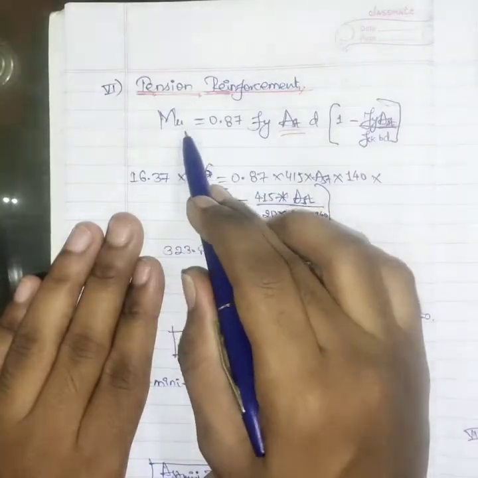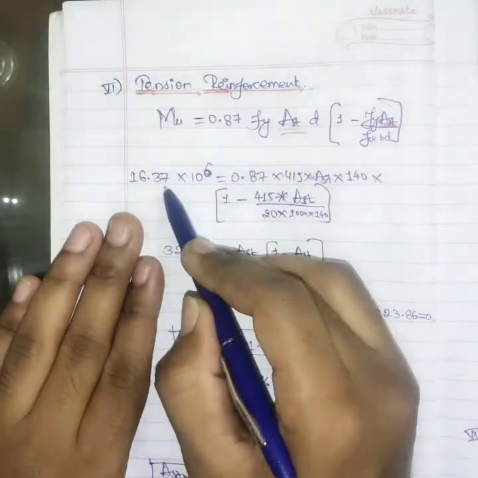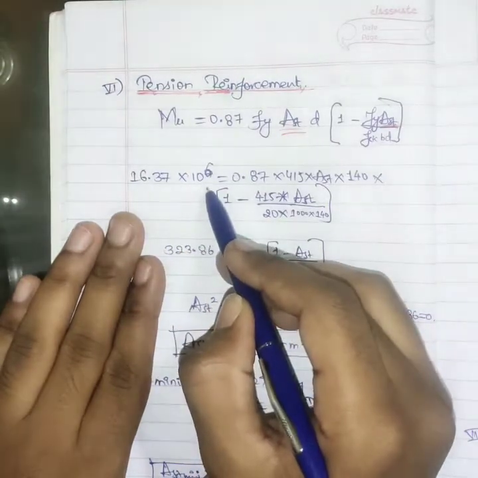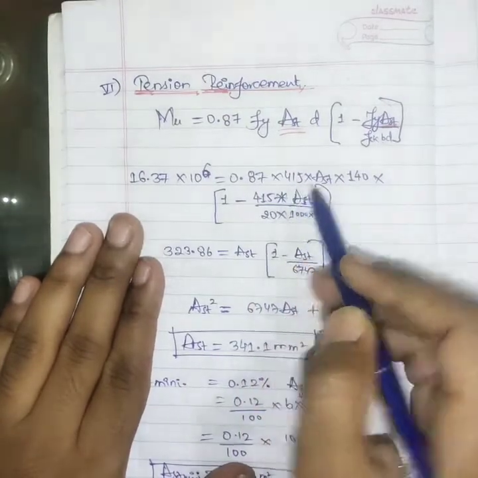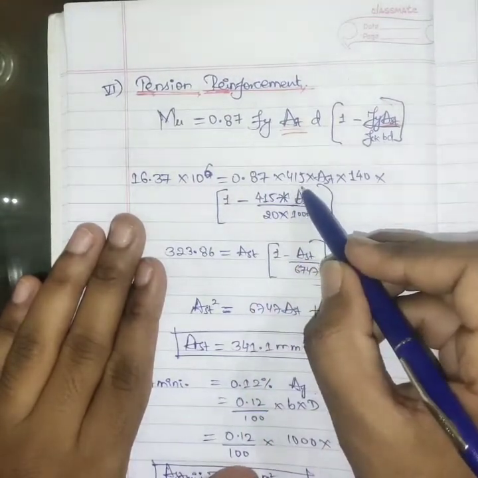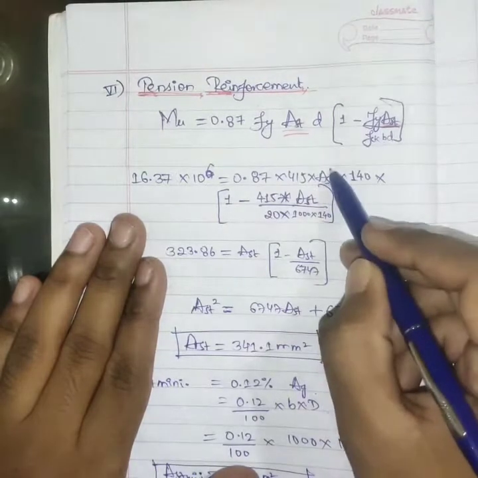In this we know Mu, that is the bending moment, 16.37 into 10 raised to 6, and fy is the yield strength, that is 415, already given. Ast as it is, we need to find out only this.